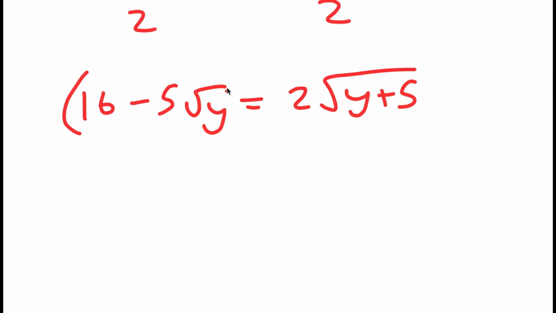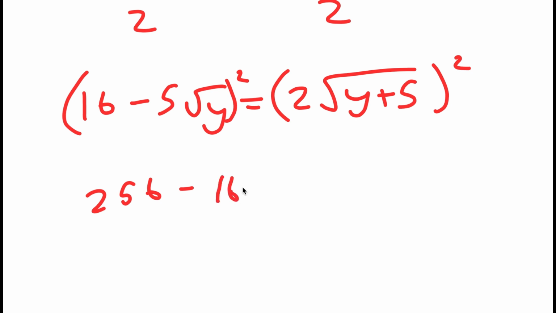Now I'm going to square both sides from here. So I get 256 minus 160 times the square root of y plus 236 is equal to 0.